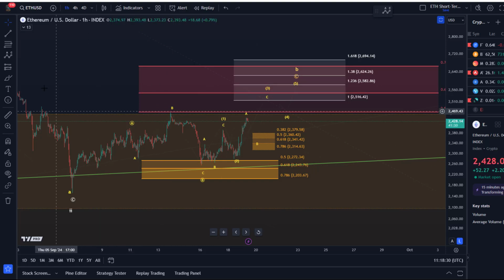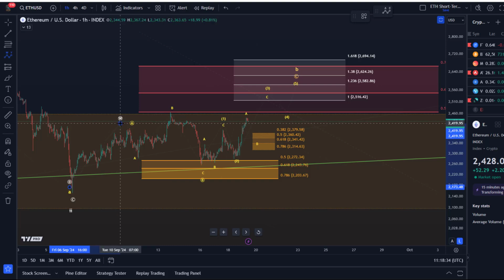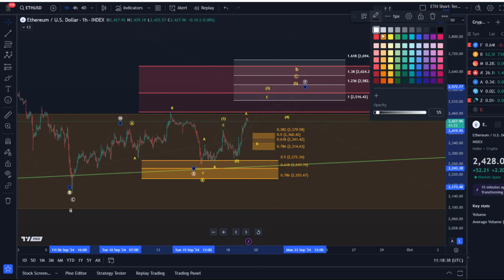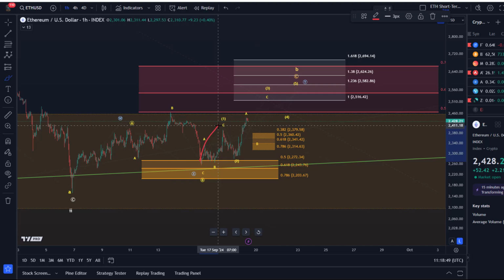Another idea I have is that maybe this is forming a WXY. So instead of an A, it's a W, X, Y. I can change that to blue maybe. And then in the Y wave, but it wouldn't change much, we have an A, B, C, or even A, B, C. In this scenario, it might go a little bit lower.